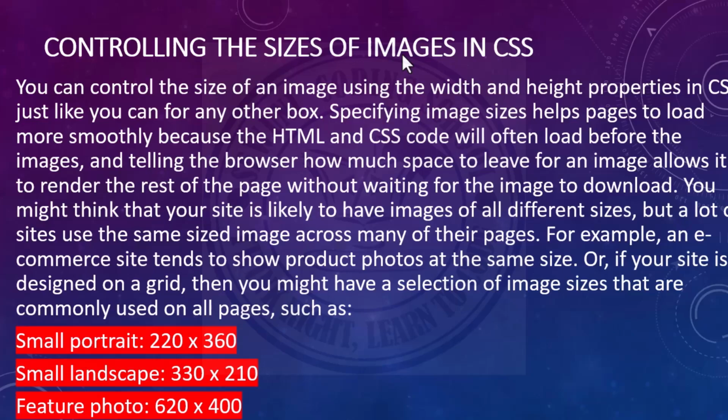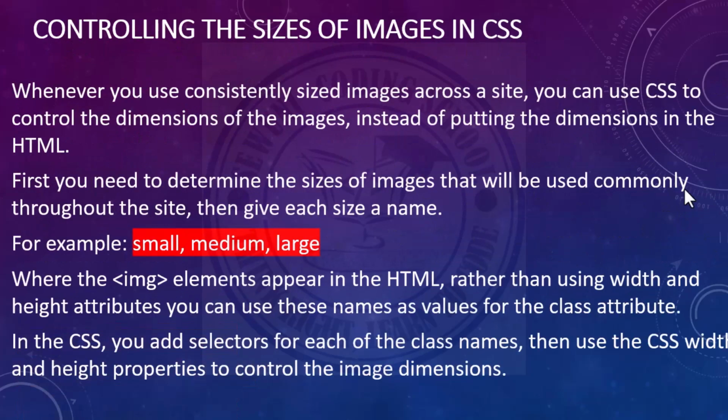Usually on a news website, if a story comes with a photo, the picture on the headline is what we call the featured photo or featured image, of a particular size, 620 by 400. If you're able to specify these image sizes, it allows the page to load more smoothly.